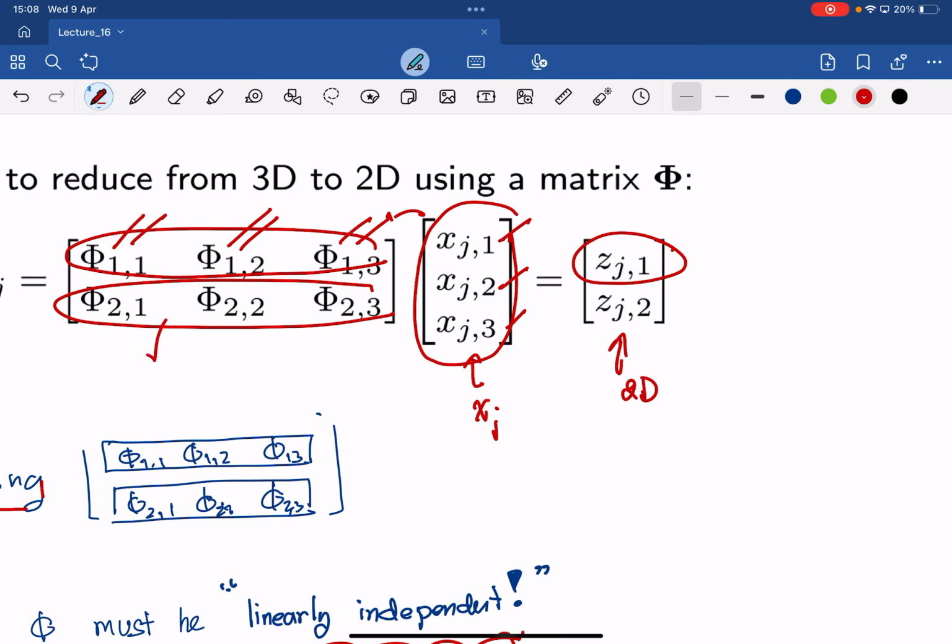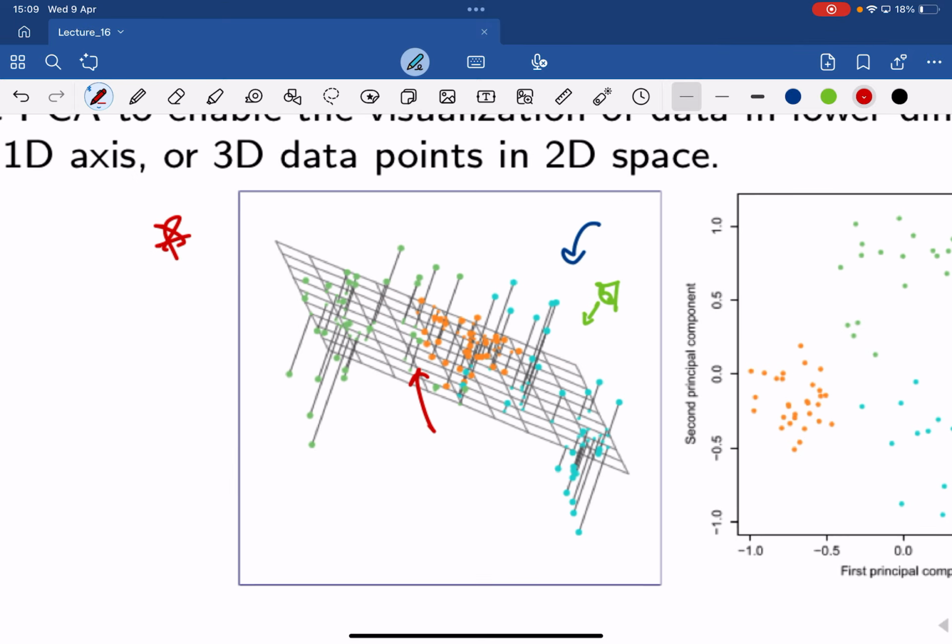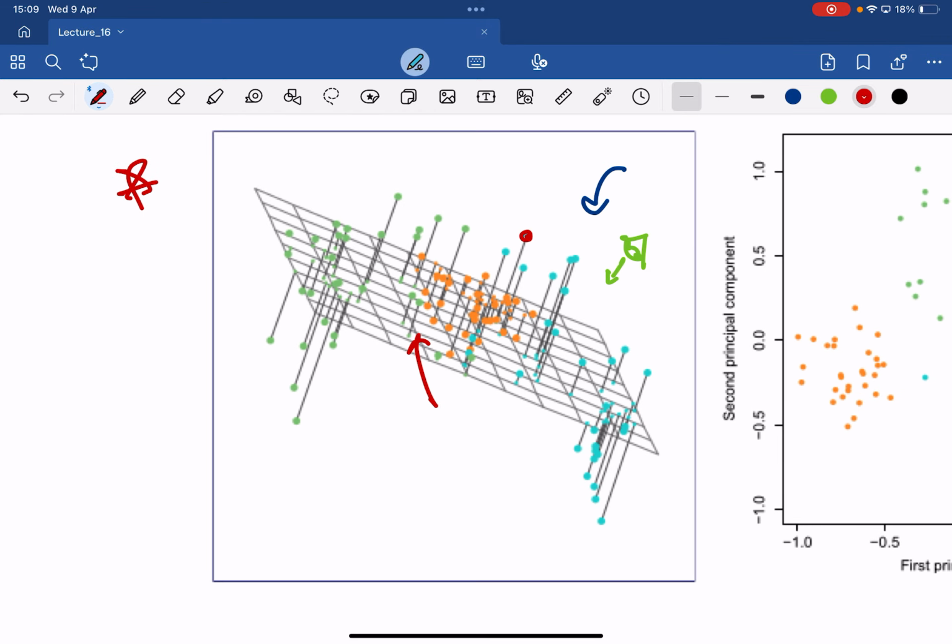Meanwhile, another row of this phi matrix, phi 2,1, phi 2,2, and phi 2,3, will be another projection for the second value in your coordinates. In other words, you have this three-dimensional data and you want to visualize it on 2D coordinates.